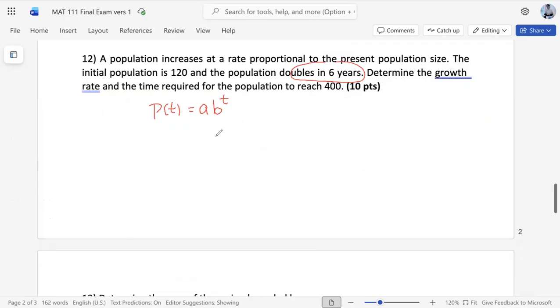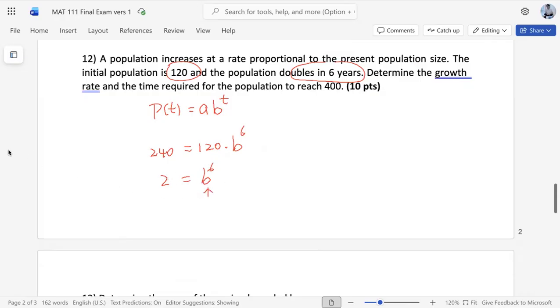It takes 6 years to double, and the initial value is 120, so 120 times the base raised to 6 is going to be twice 120, which is 240. Of course, we can simplify this, because if 120 is 1, 240 is just 2. So b raised to 6 equals 2, and we need to find b, the base.